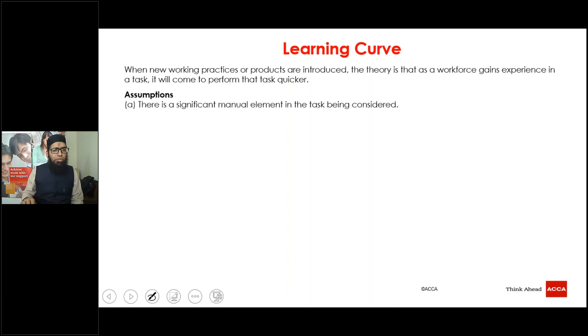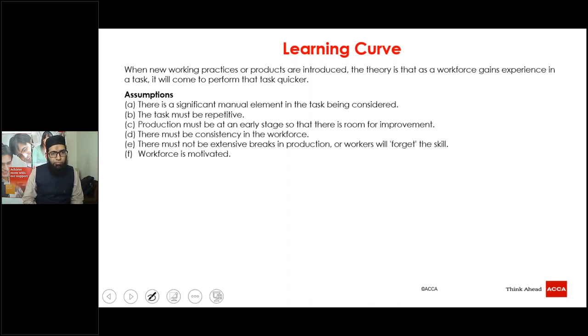Now there are a few assumptions for that. First of all, there should be a significant manual element. The task must be repeated. Production must be at an early stage. There must be consistency in the workforce.